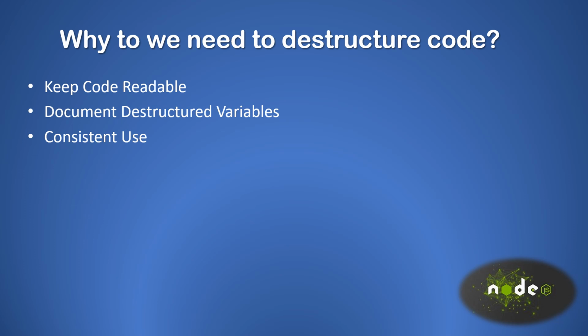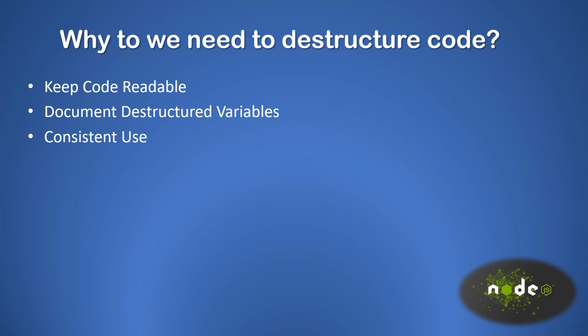Then document destructured variables, like when destructuring function parameters or complex objects, right? Document the expected structure to avoid confusion. Consistent use: consistently use destructuring where it improves code clarity and maintainability, but also ensure it fits the context of your code.